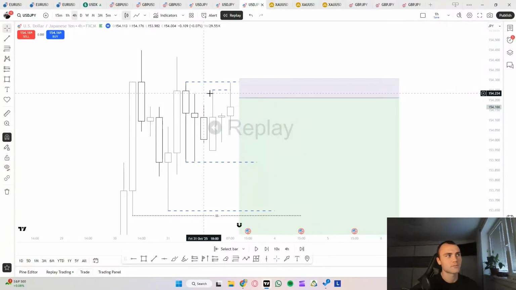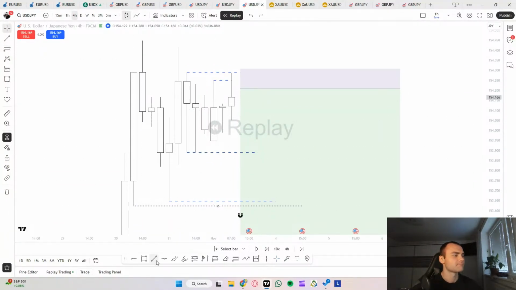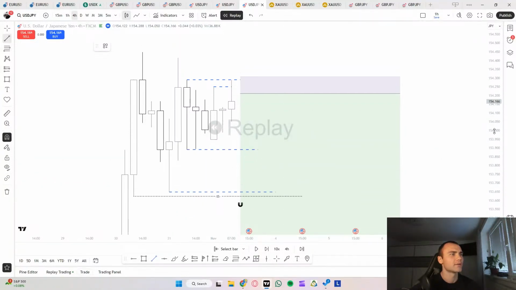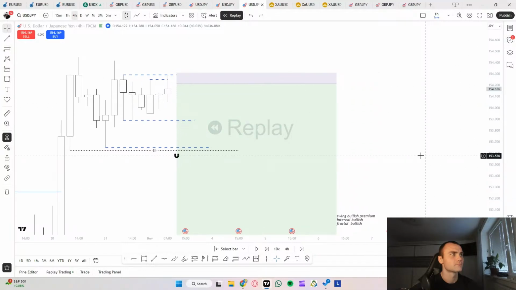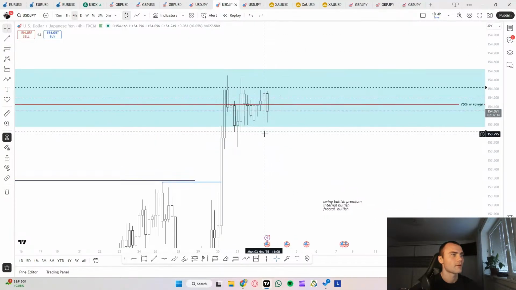We got a big range from here to here, then a smaller one from here to here, then another smaller one from here also to here. I've got to be careful with this level.